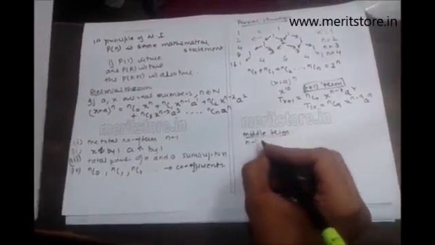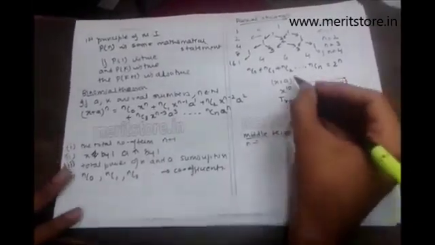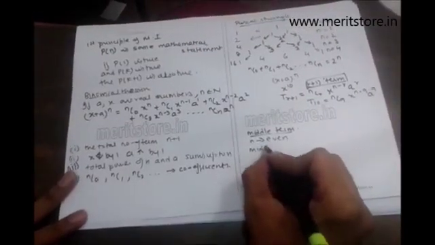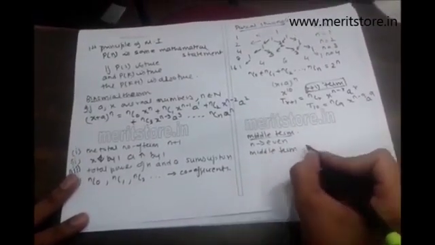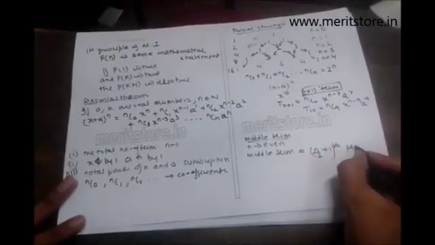Now you'll also have a lot of questions which relate to middle term. So whenever you're asked to find the middle term, first you look at what is the value of this n. If this n is even, then your middle term will be n by 2 plus 1th term.